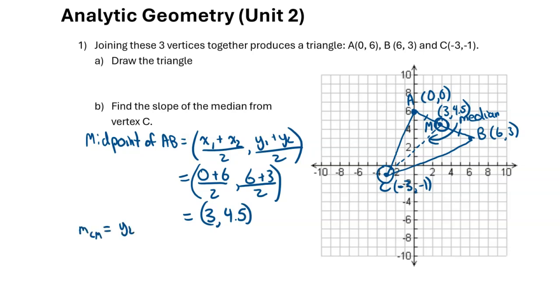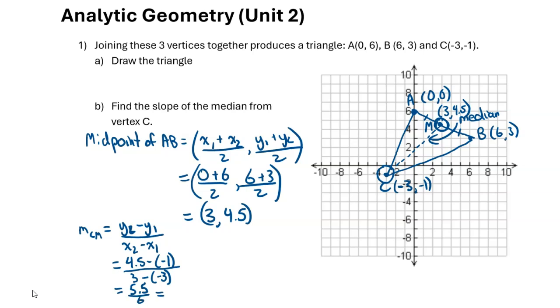So the slope of CM, the slope is always the change in the y values divided by the change in the x values. So y2 minus y1 over x2 minus x1. The y value of the M point is 4.5. The y value of the C point was -1. So 4.5 minus -1. Do the same thing with the x values. 4.5 plus 1, because if you subtract a negative, it makes you add.